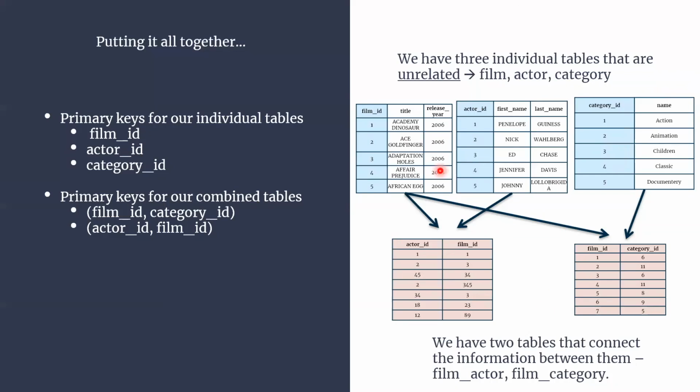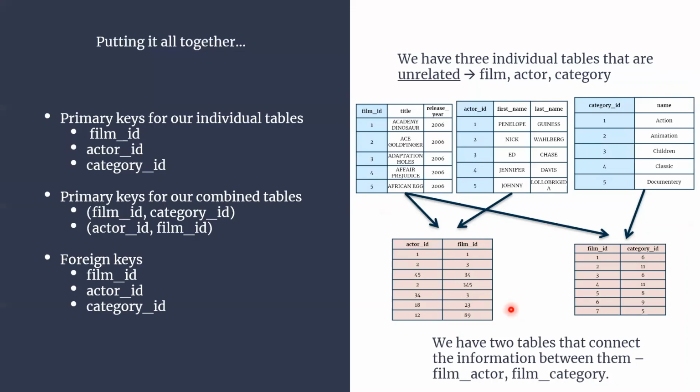For our combined tables, for the film category table, the film ID, category ID, that combination is the primary key. And similarly for the film actor table, the combination of actor ID and film ID is the primary key for that table.